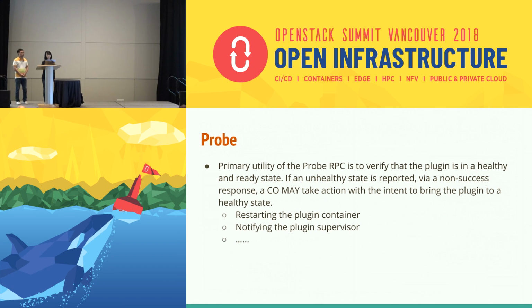And the Probe RPC basically just tells you whether the plugin is healthy or not. If it's not healthy, the CO may try to bring the plugin to a healthy state.